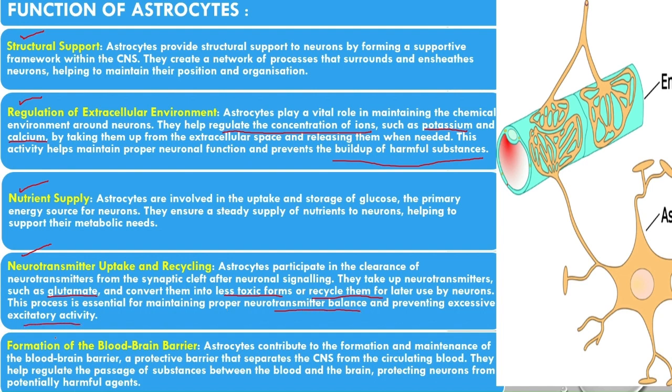The other function is formation of the blood-brain barrier, BBB. Astrocytes help to form and maintain the blood-brain barrier, a protective barrier that separates the CNS from the circulating blood. They help to regulate the passage of substances between the blood and brain, protecting neurons from potentially harmful or toxic agents.